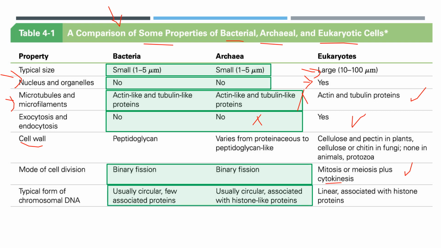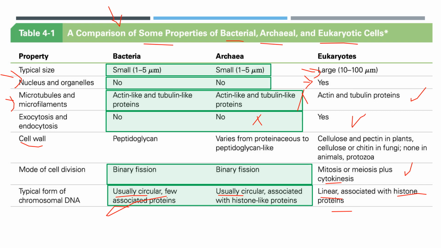And finally, the typical form of chromosomal DNA is that here they are usually circular, while this one is linear. And this one has few associated proteins, while this one will have histones.